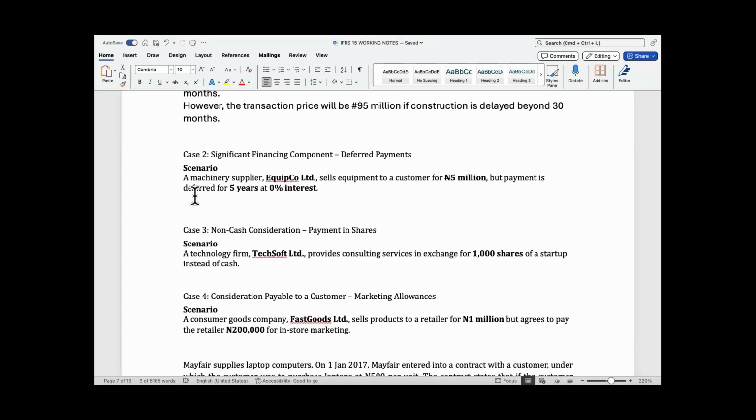Yeah, Femi. Yes, sir. So in this case, how do we recognize the revenue now? Because the contract is supposed to take, if you work within 24 months, or if you work above or within 30 months, the penalty and the bonus.